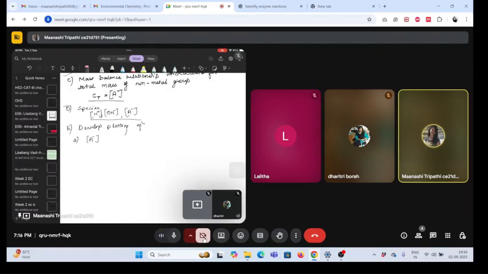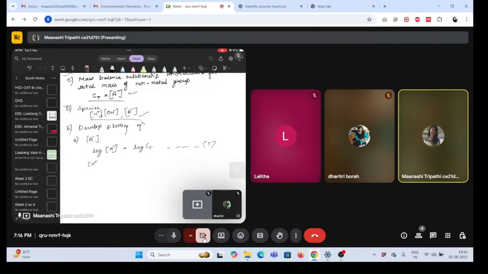So we want an equilibrium diagram, and all these equations should be in the form of log. So for log A, what do we have to do? Simple. In this equation, put log on both sides. So log A is equal to log Ct. For A, it's done. So this is equation 1.